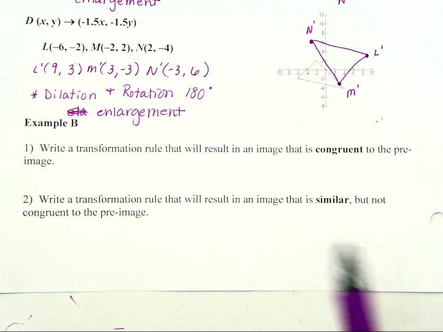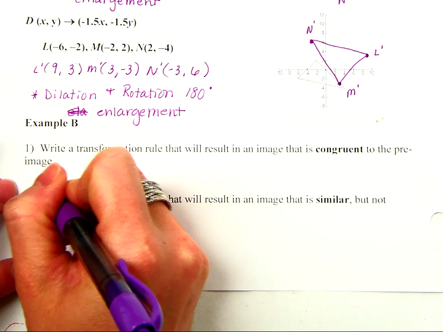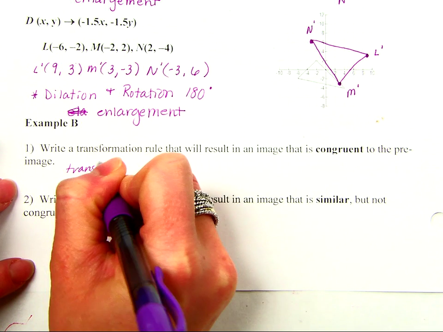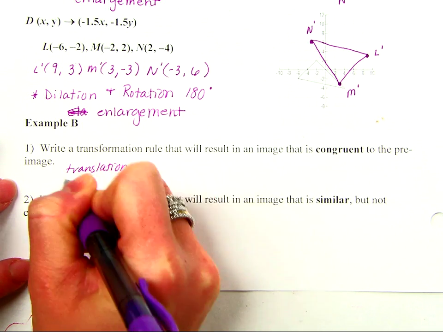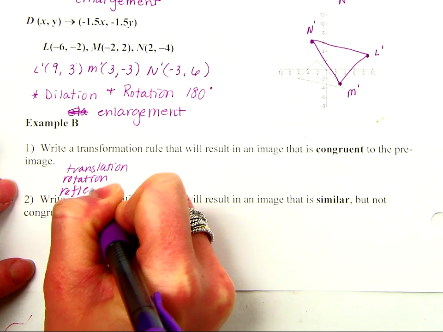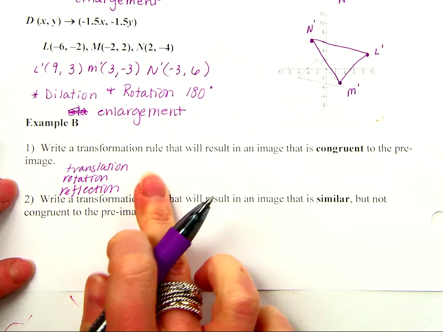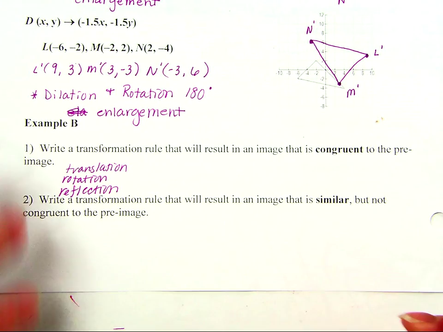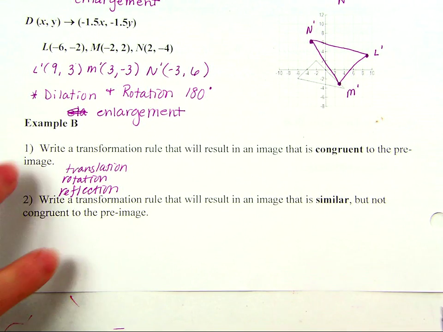We could write a rule that was a translation, a rotation, or a reflection. But this is not a rule. So I want to actually give a specific example.